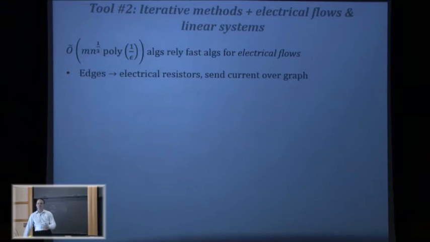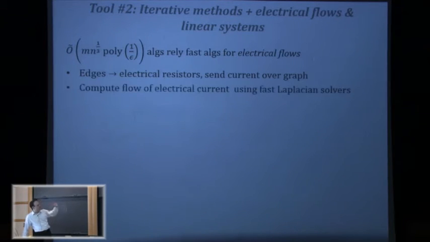That's solving the wrong problem. It's solving electrical flow, not max flow, so do something iterative to fix it. They were a little bit different in how they did their iterative schemes, but broadly they both had that general model. And the fact they leveraged was that you can compute electrical current flows very quickly using Laplacian solvers.